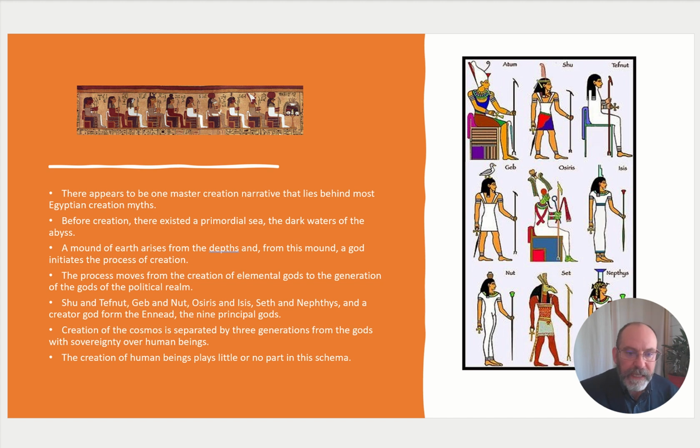So there's some key gods in this account: Shu and Tefnut, Geb and Nut, Osiris and Isis, Set and Nephthys, and a creator god from the Ennead, the 9 principal gods. Okay, so they have this set number and a set group.